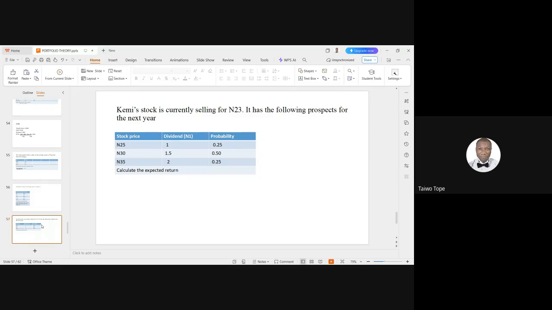Then 30 naira with dividend of 1.5 naira, probability of 50%. 35 naira, dividend of 2 naira, probability of 25%. Calculate the expected return. Based on this, how are we going to determine our expected return? P1 minus P0 divided by P0, plus the dividend.